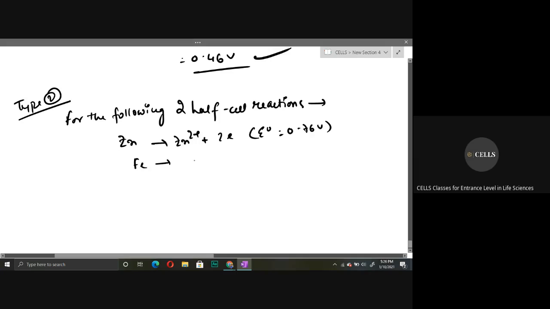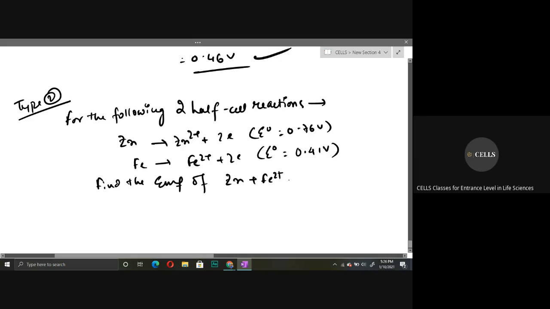And Fe to Fe2+ plus 2e, the value is 0.41 volt. Find the EMF of the reaction Zn plus Fe2+ gives Zn2+ plus Fe. Options: 0.45, 0.30, 0.35, 0.40.